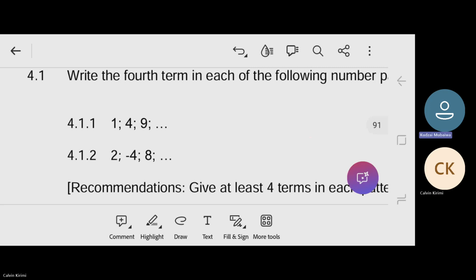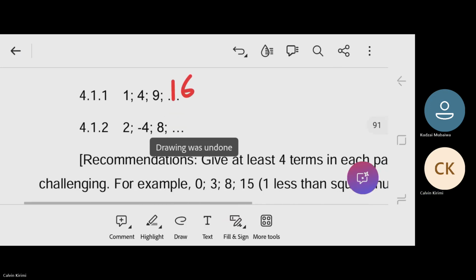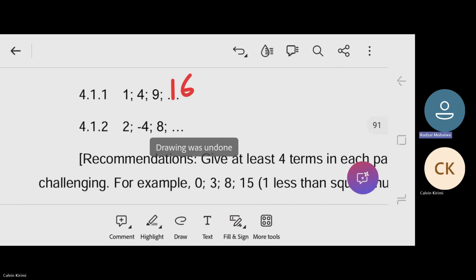Say 4.1.1, the fourth term is 16. So it's 1 squared, 2 squared, 3 squared, 4 squared. 4 squared is 16. Correct. Then the next one. Yes, sir.